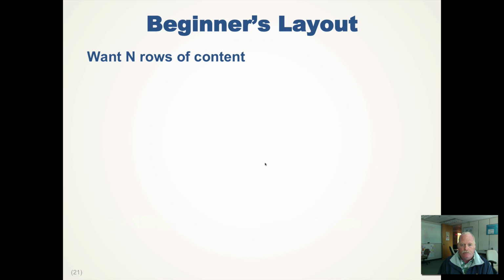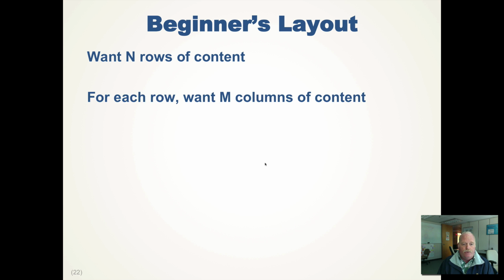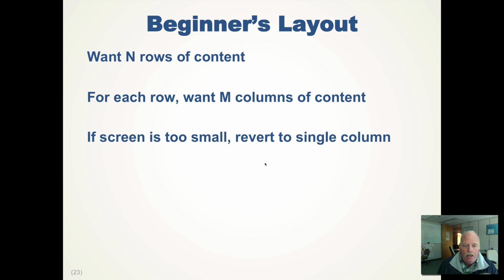So let's talk about a very simple beginner's layout for websites. Basically, for your website, you want some number n rows of content. For each row, you want m columns of content. Now, you can have different columns in different rows, but it's still m columns of content. And if the screen is too small, we basically want to go to a single column layout. So we go from a grid to just a single column.